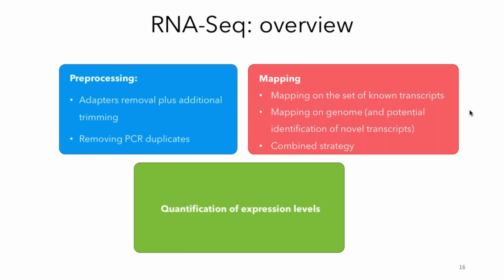After we've removed the adapters and PCR duplicates, we're going to map the reads on known transcripts, transcripts that are associated with genes and recorded in a GTF file. Then we're going to map on genome. That's an optional step. Specifically, it's useful for identification of novel transcripts, so a variation of the known genes.